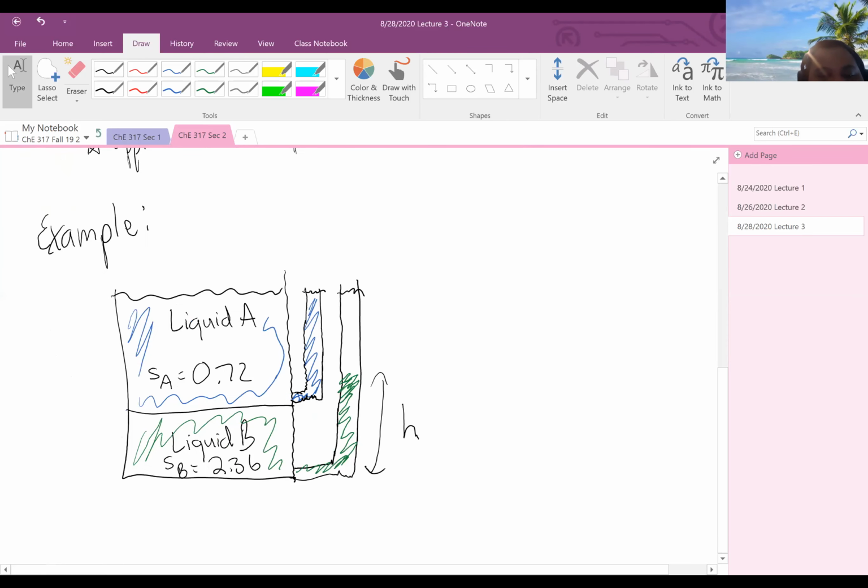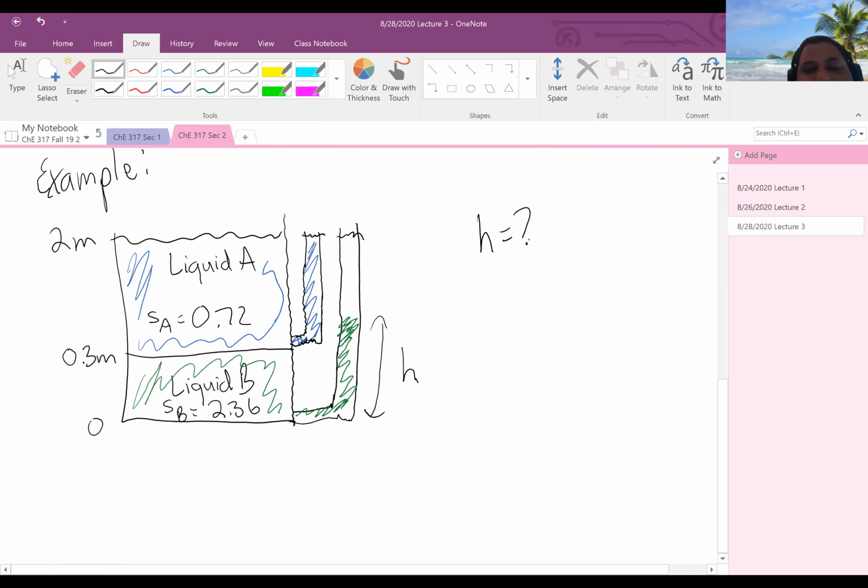It's an H. If the liquid B at the bottom goes to a height of 0.3 meters and the top of the liquid A is 2 meters, the question is, what is the height of the liquid B in that second manometer?